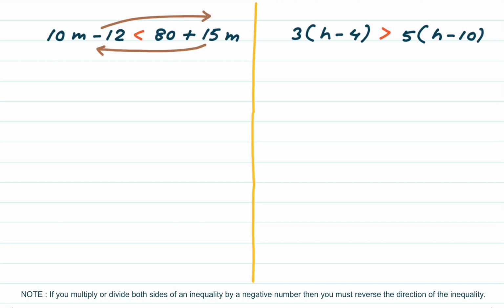So I get 10m minus 15m is less than 80 plus 12, which is negative 5m less than 92.